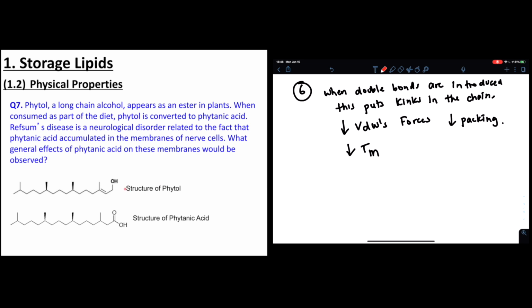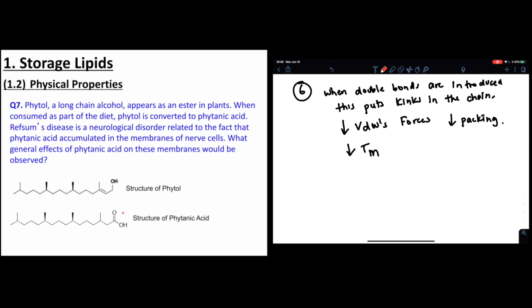So you eat the plants, you get lots of phytol into your body, and once it gets into your body, there's an enzyme that can convert this phytol into the structure that's called phytanic acid. So just to make this clear, you eat lots of this in vegetables, and then as soon as you eat a lot of this, your body converts it into phytanic acid.